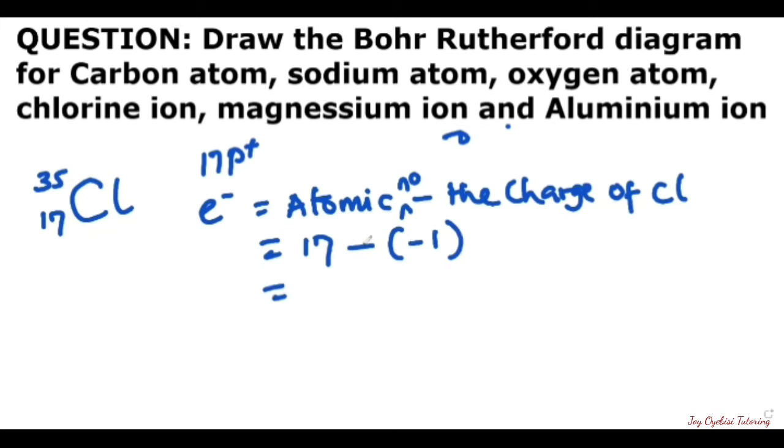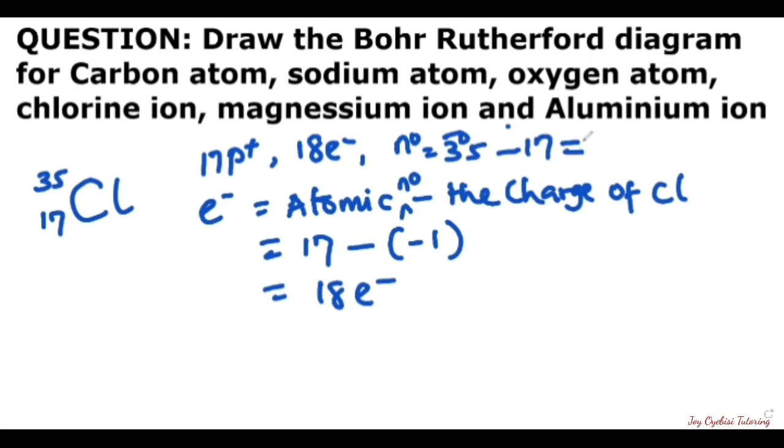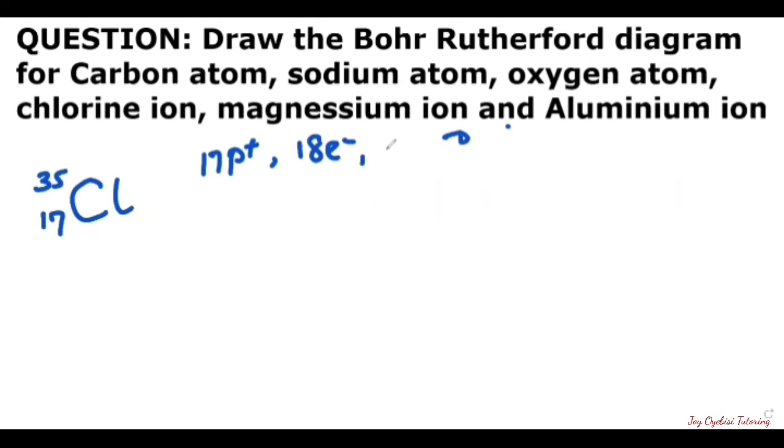If we do this, this times this will become plus. So you have 18 electrons. So here we have 18 electrons, and the neutrons will be 35 minus 17, which will be equal to 18. So this means that we have 18 neutrons.